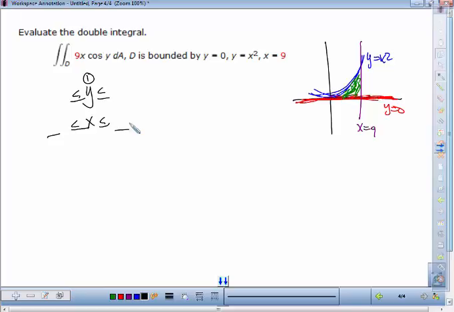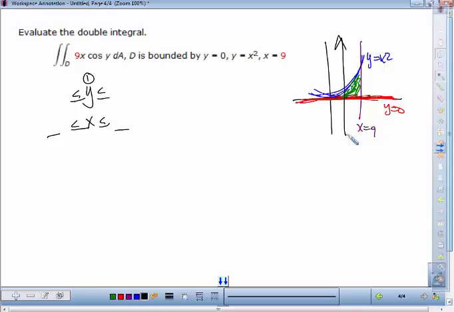So what you want to do is, once you figure out what you're going to integrate with respect to first, draw a line parallel to this axis. Okay, we decided we're going to integrate with respect to y first, right? You're going to draw a line parallel to the y-axis, and then you're going to note when you enter the region and when you exit the region.